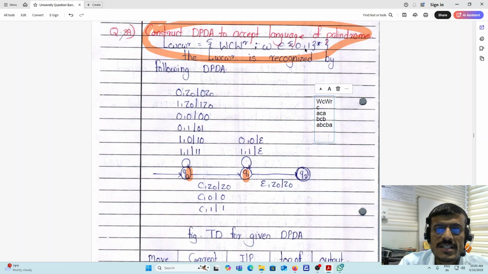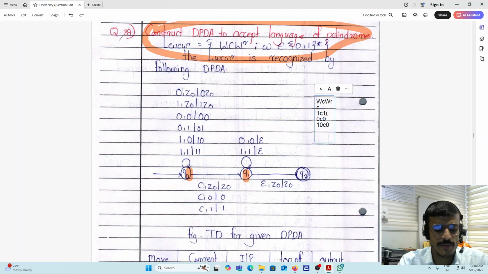Using this, because it is 0, 1 star, no issue about that. You can go with 0, 1 as they have given. I'll go with 1, 1. Here you should take 0, 0. Here you should take 1, 0 and 0, 1.